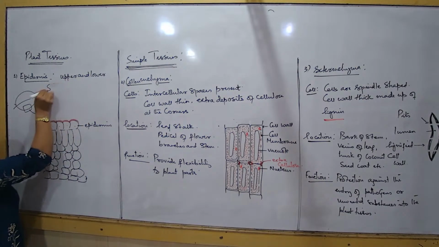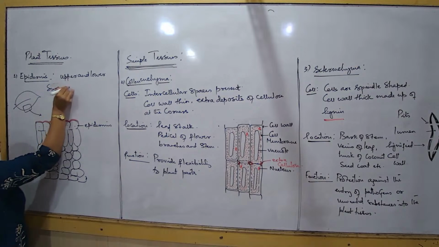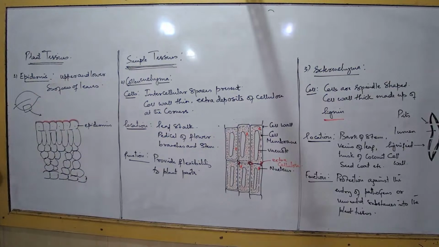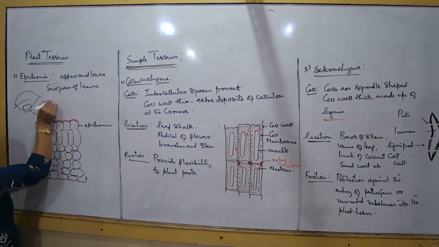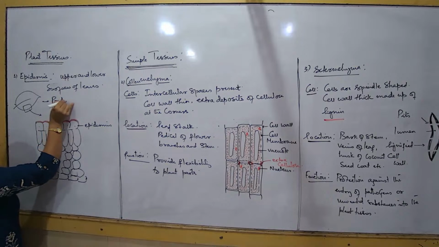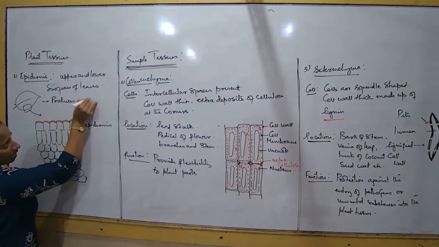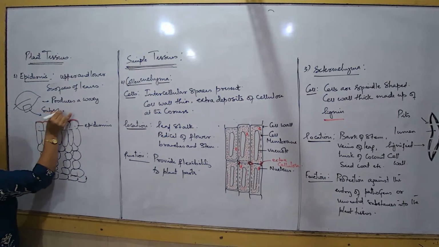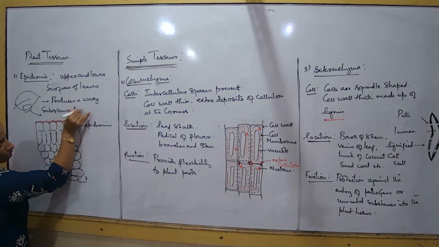On the upper and lower surfaces of leaves. That is its location. What is its function? It produces a waxy substance known as cuticle.